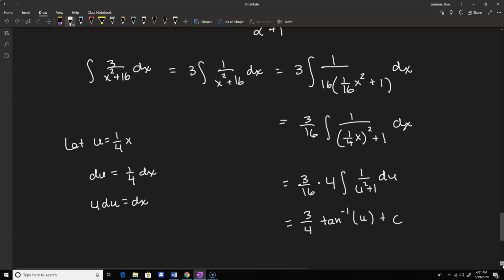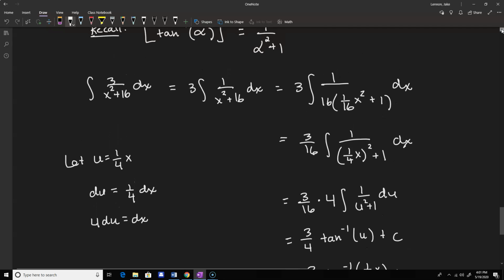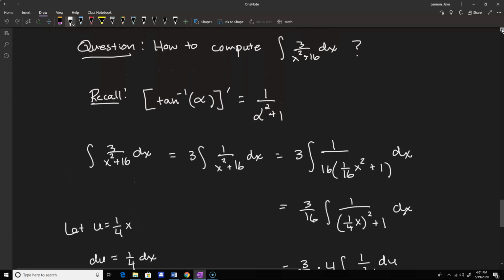So we can replace our u now by the 1/4 x, plus a constant. Okay, so that is the antiderivative to the integral in question. So maybe what we can do is come back up top and say, we had a lot of work there.